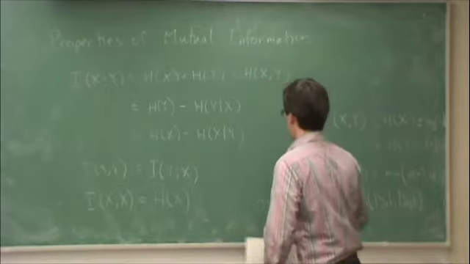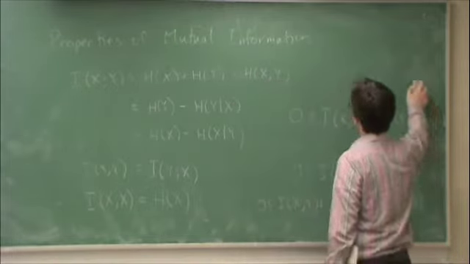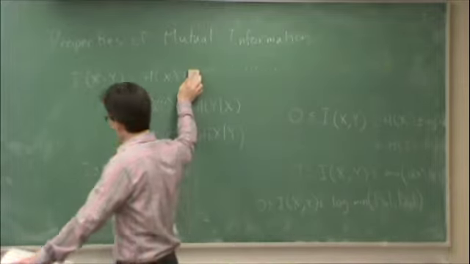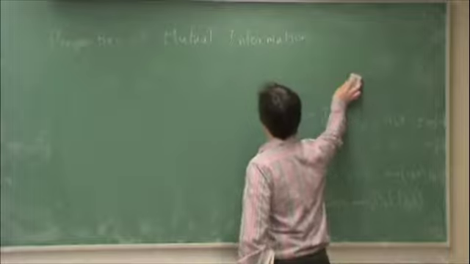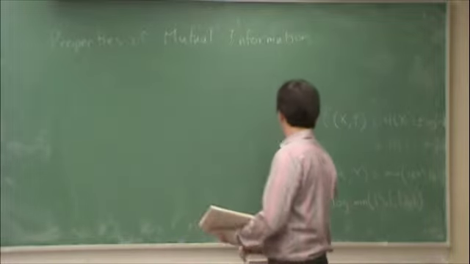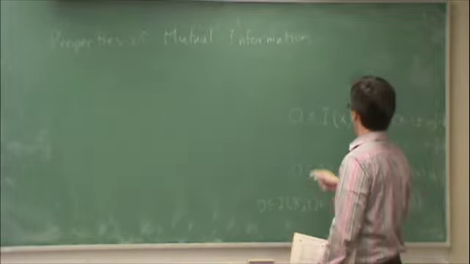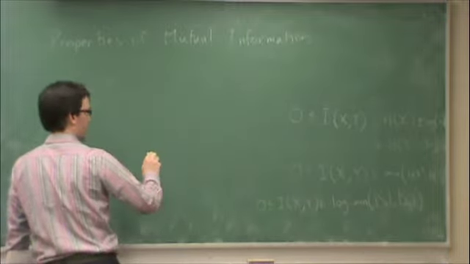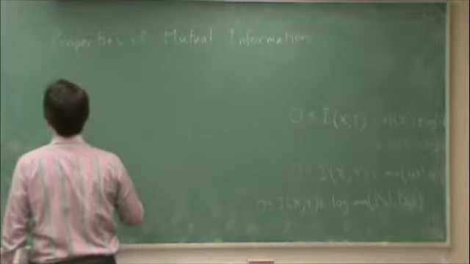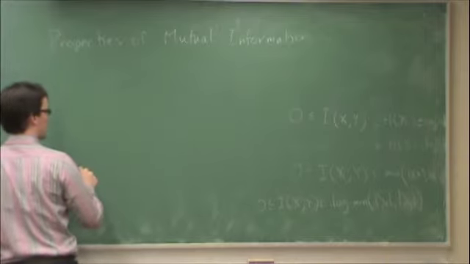Okay, let's back up a second and show that it's positive. I hand-waved my way through the positivity of mutual information, but we can also show it's positive from the Kullback-Leibler distance.